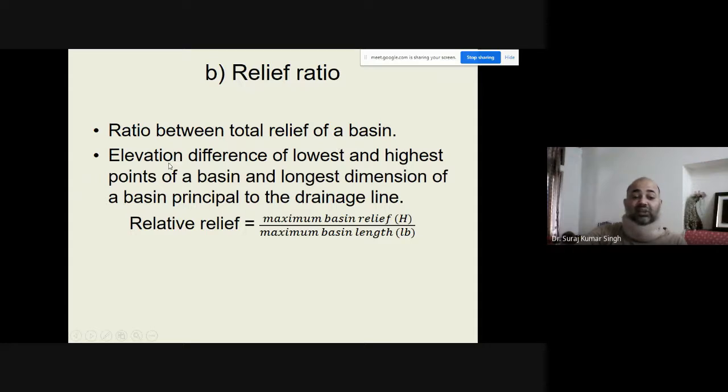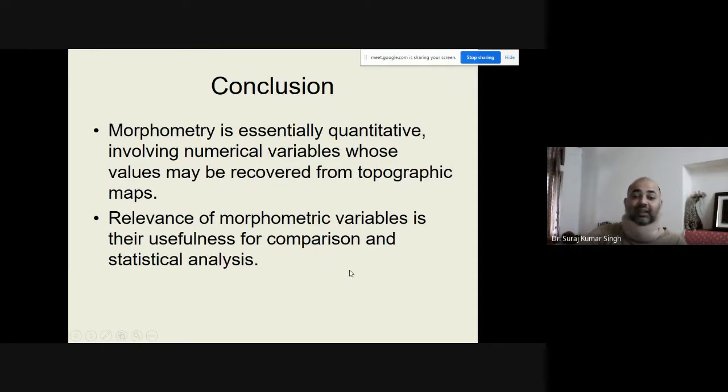It is calculated as the elevation difference of the lowest and the highest point of a basin and the longest dimension of the basin parallel to the drainage length. So the formula used for calculating the relief ratio is the maximum basin relief divided by maximum basin length.